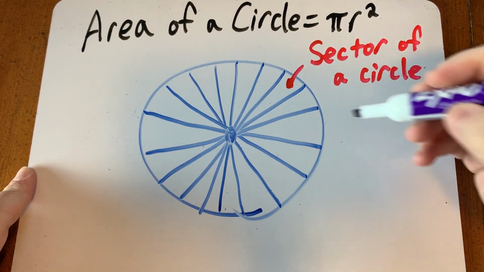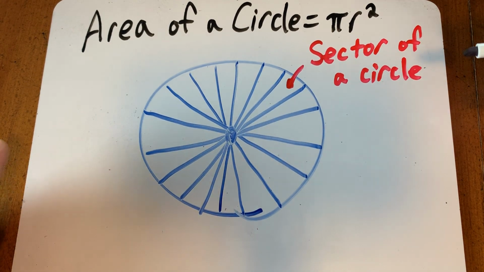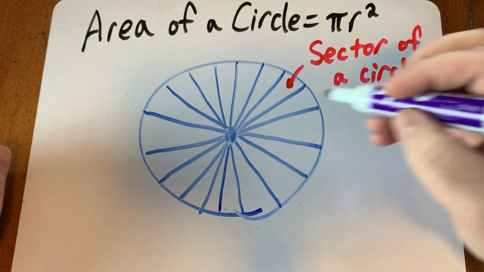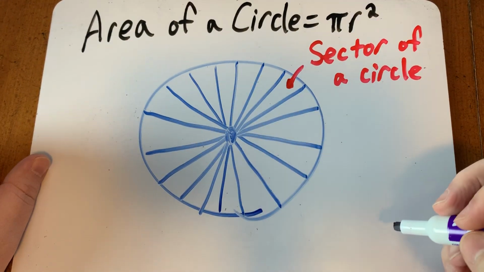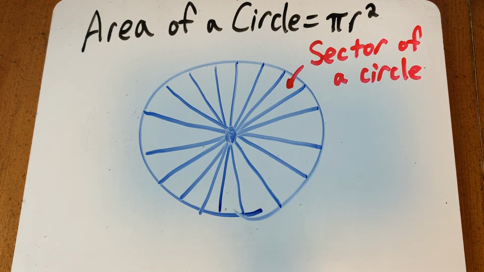Each sector is pretty close to a triangle. So just conceptually, this is not how they really work out. Just conceptually, let's say we took each of these triangles and we unrolled it.